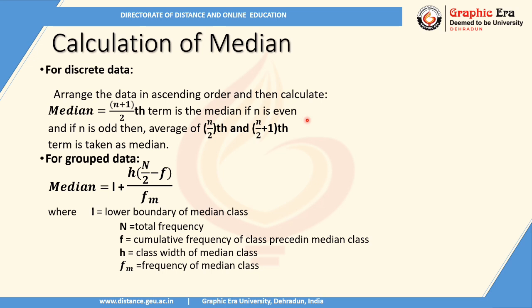This formula is for when n is odd. When n is even, we have to replace the places of these two.